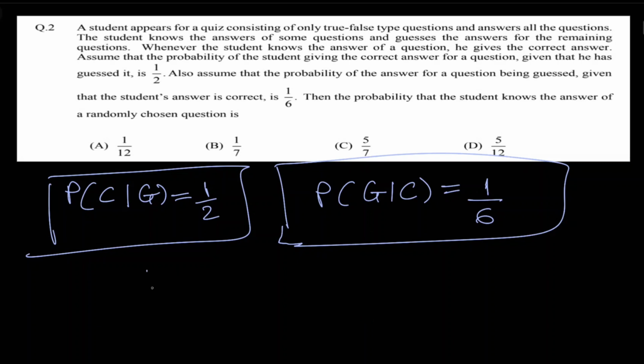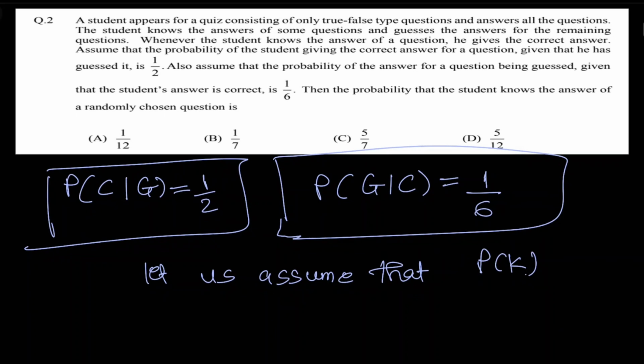So let us assume that probability K denotes the probability of knowing the answer of a randomly chosen question, and G means guessed, and C means correct.